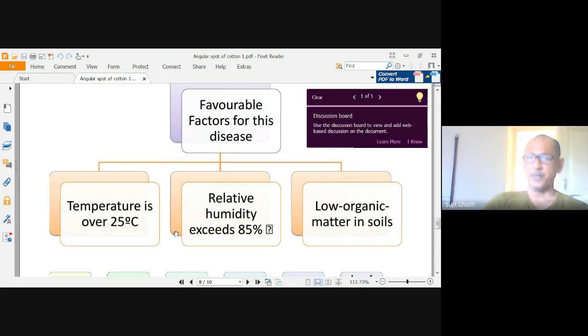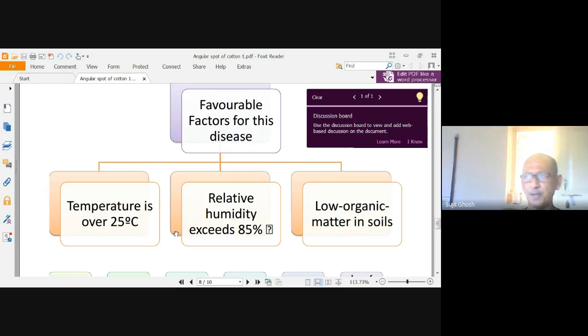Now, what are the favorable factors for this disease? This disease is observed whenever cotton is cultivated in black soil. Black soil indicates a high amount of organic matter. If organic matter is less, then the plant is easily affected by Xanthomonas axonopodis variety malvacearum.